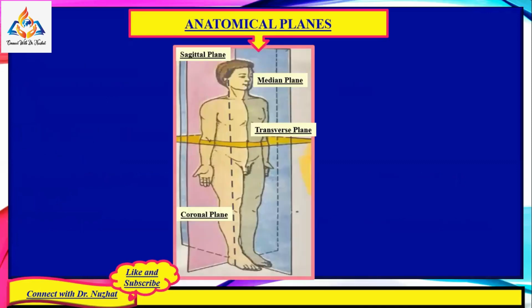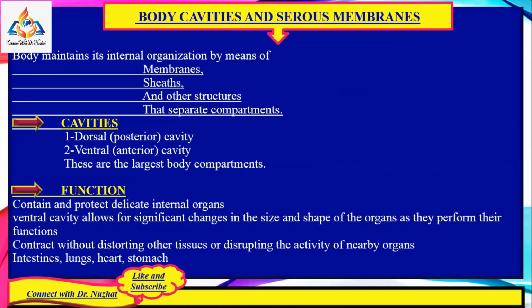In the next slide, we are discussing the body cavities and serous membranes. Body cavity: the body maintains its internal organization by means of membranes, sheaths, and other structures that separate compartments.